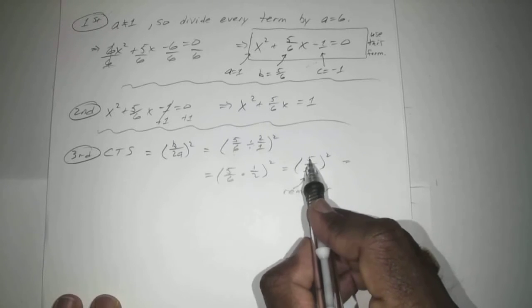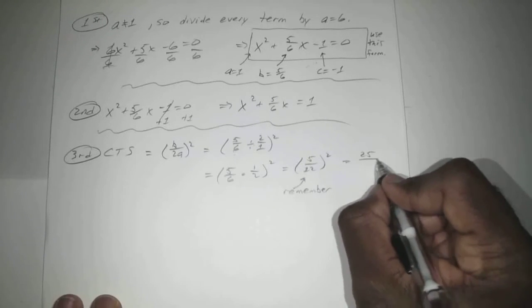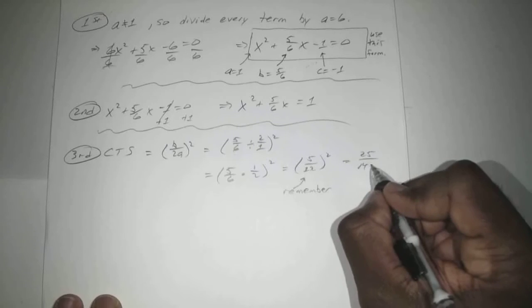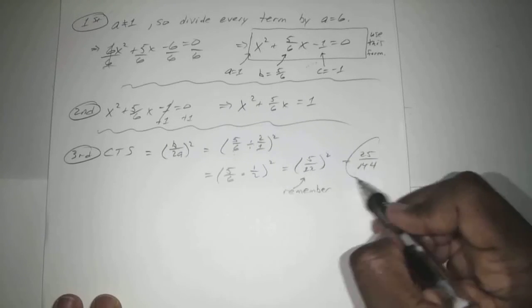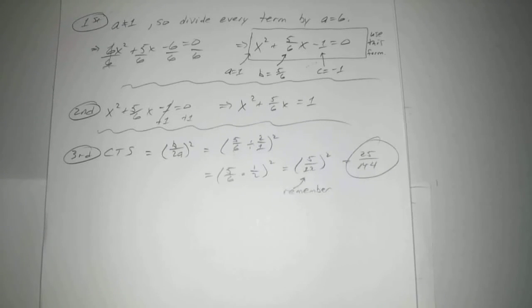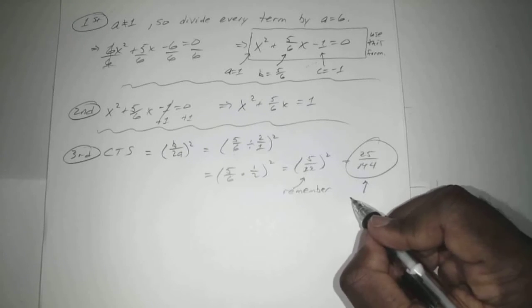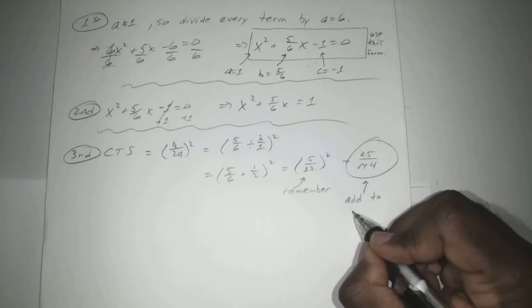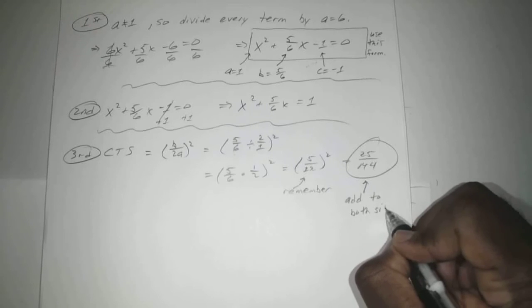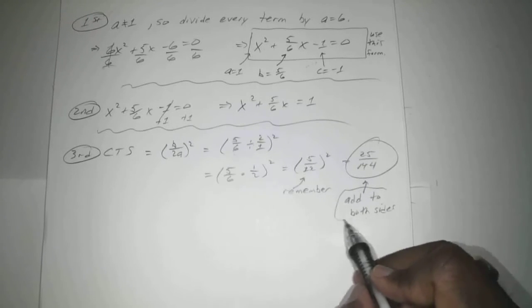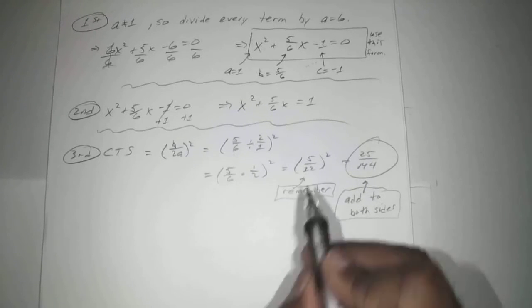So 5 squared is 25 and 12 squared is 144. So that's the value you're going to add to both sides.